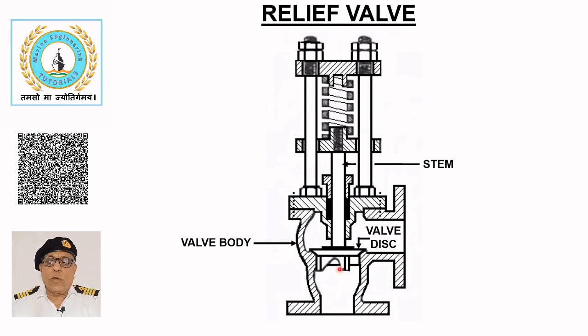The valve disc is secured to the spindle with a nut, and both the spindle and disc move together. The bonnet covers the valve body and houses the operating mechanism. The stem and disc assembled together are inserted into the bonnet from the bottom.